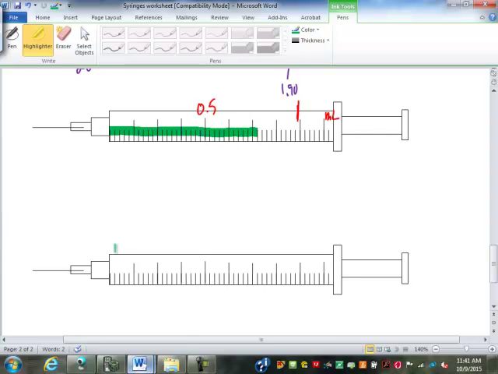So determine what the dosage is in here right now. In your notes, see if you can figure that out. For those of you that can't see real well, I'm one line past this big one here. This is 0.5 and this is 1 milliliter.